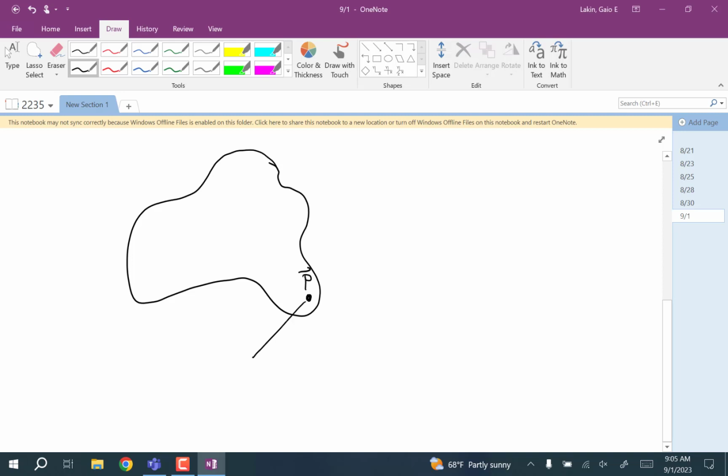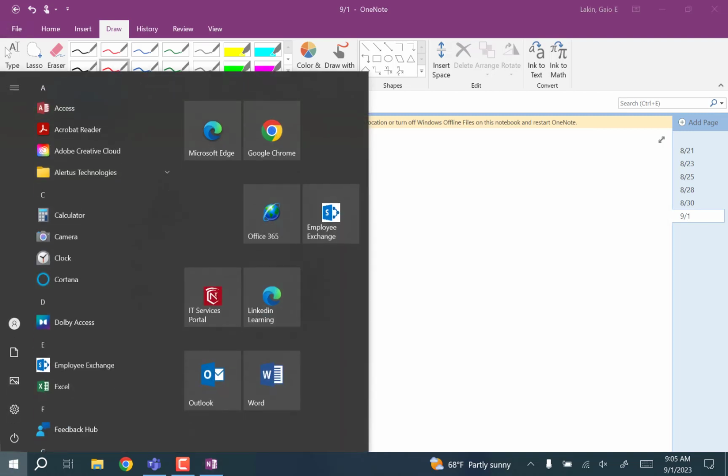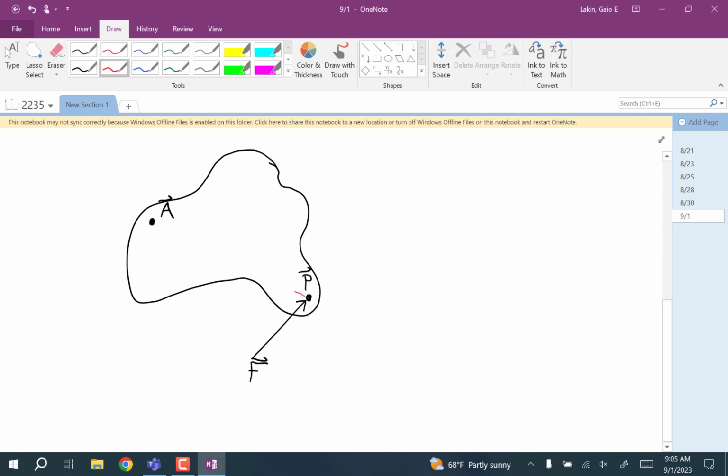And just some arbitrary force vector that I'll call F. And then over here you have your about point A. Draw the vector that goes from A to P. And we'll call that vector rho, the Greek letter rho, like a script P. Then the moment about A produced by this force F is equal to rho cross F.